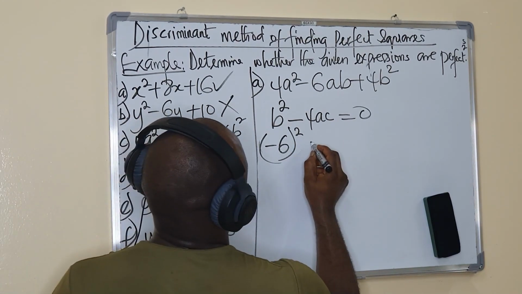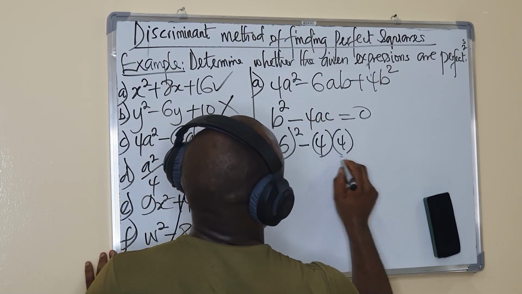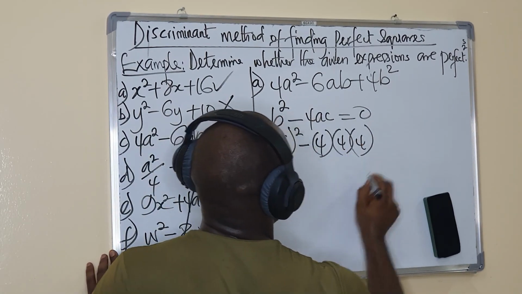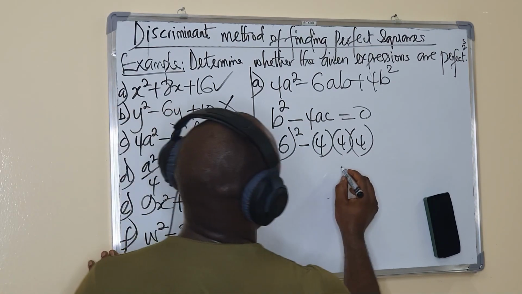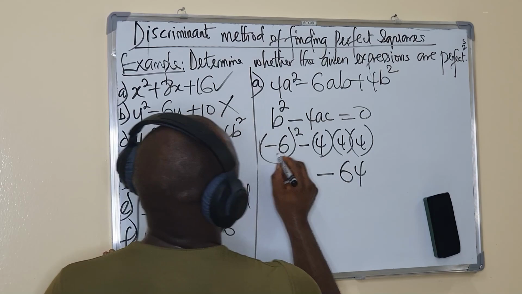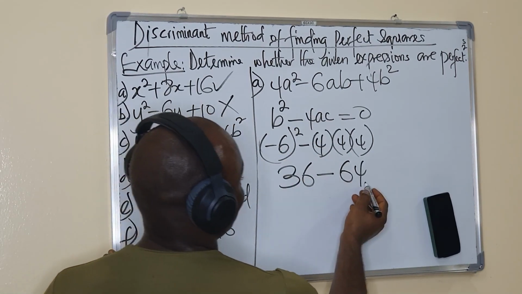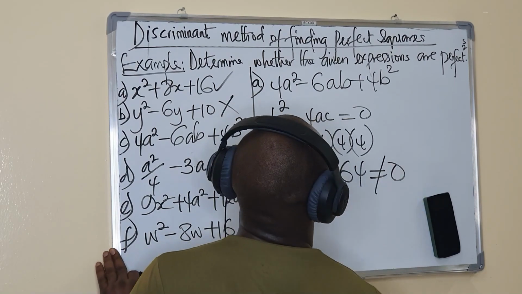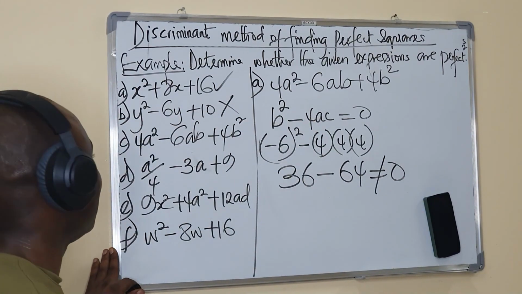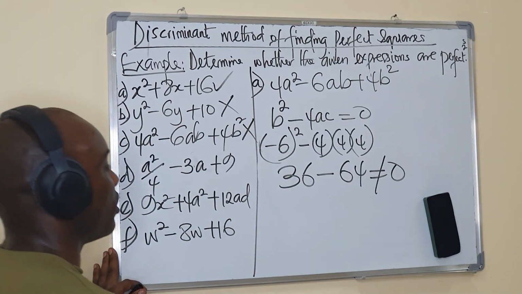Minus 4 times our a is 4 and our c is 4 also. 4, 4 and 4 obviously will give us 4 times 4, 16 times 4, 64. And negative 6 squared is 36. 36 minus 64 is not equal to 0. So what this implies is that the third expression is not a perfect square.